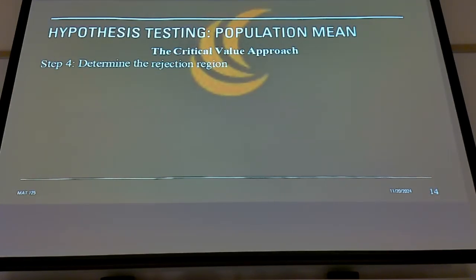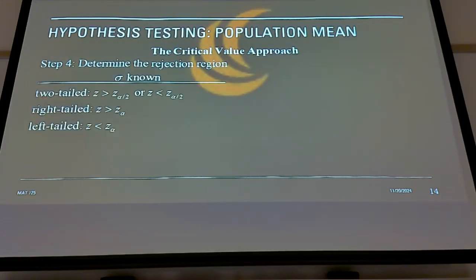Way more likely we're not going to know it. If we do know it, these are the rejection regions. Right, Z is larger than z alpha over 2 or smaller than negative z alpha over 2.